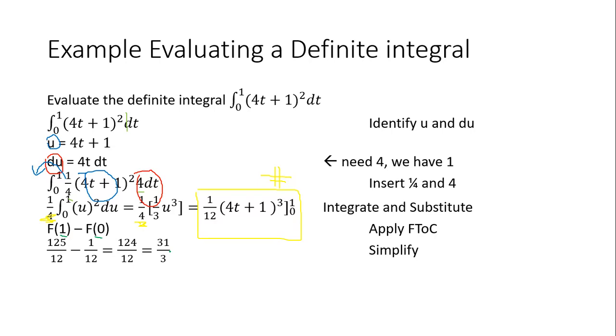Now remember, 31 over 3 is an area. Now that we know that, and we're evaluating, we have to make sure we have square units under there. Okay. Now, if we're talking about a real world application, those squared units would look like rates, right? So for example, if we were doing something like population over time. Okay.